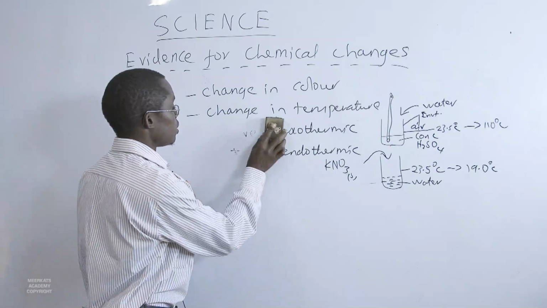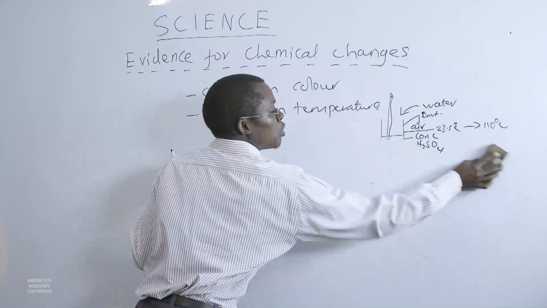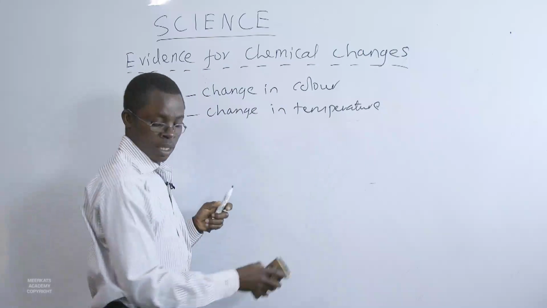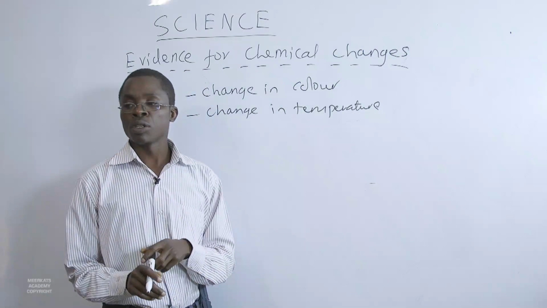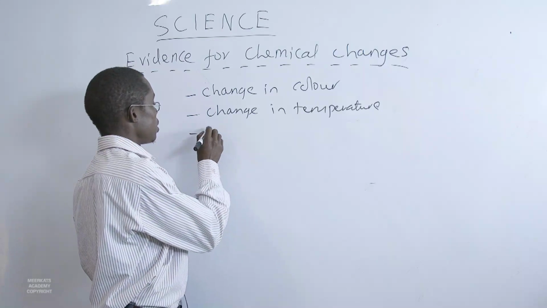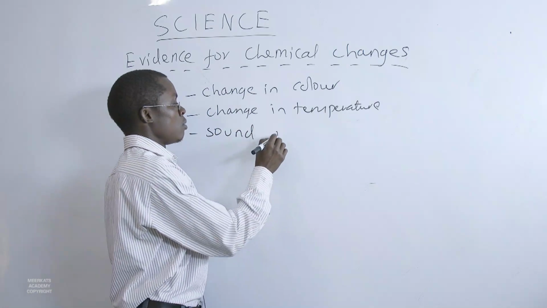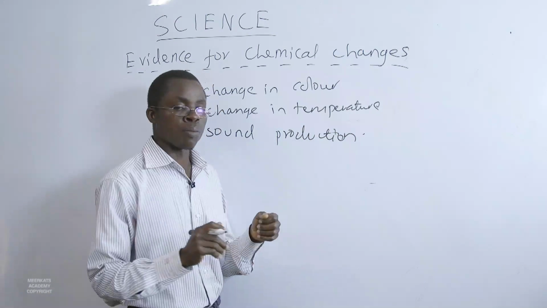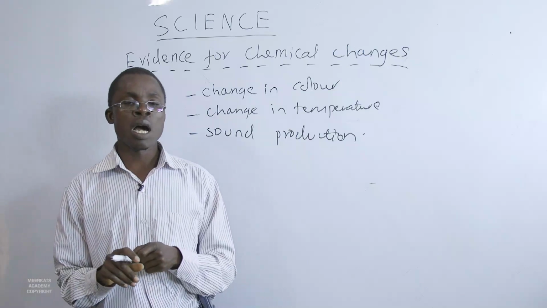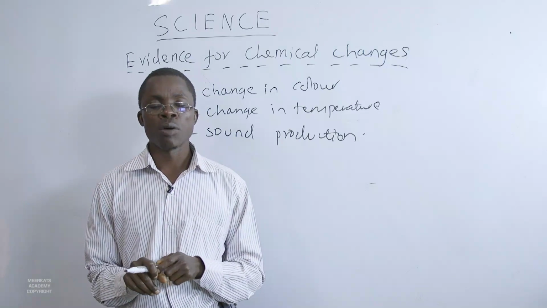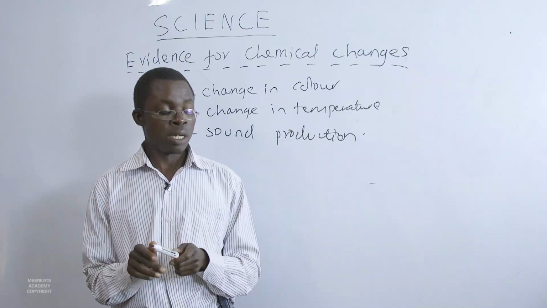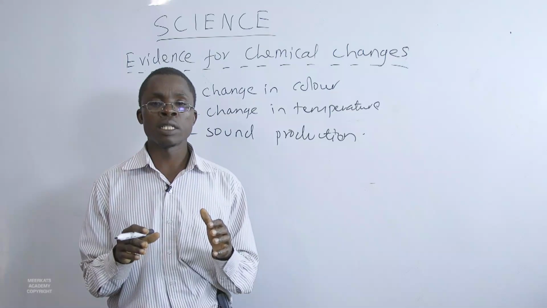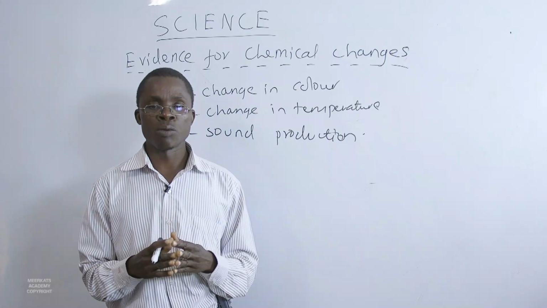Number 3 aspect we can use to show that a chemical reaction has taken place is production of sound. Remember, sound is a form of energy. So when you hear a sound, we call it in science, when you observe sound.